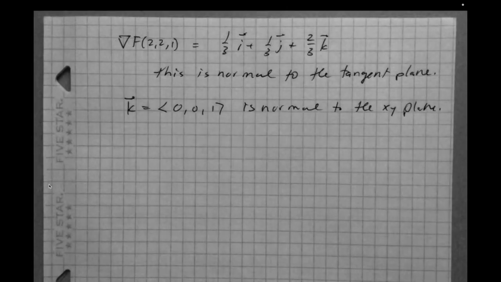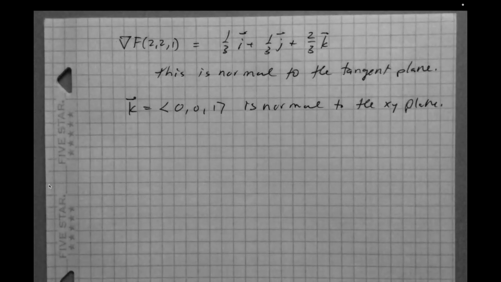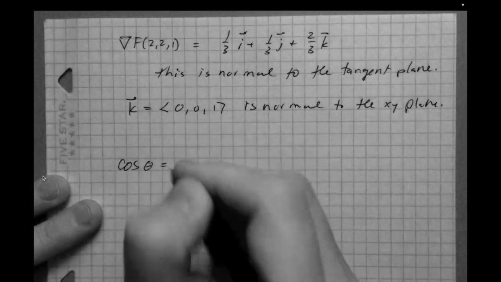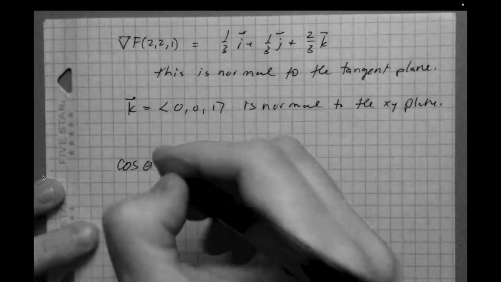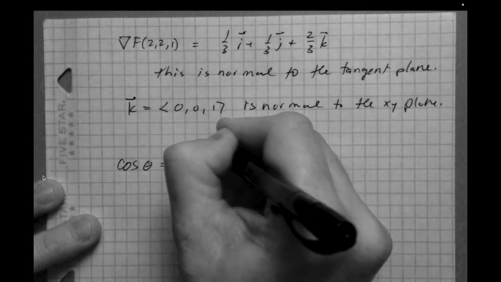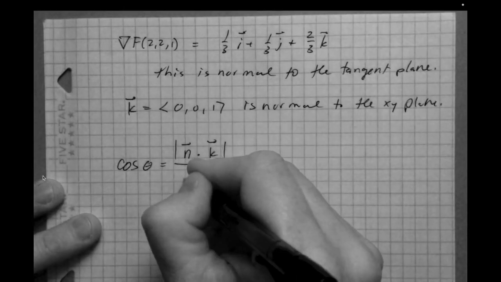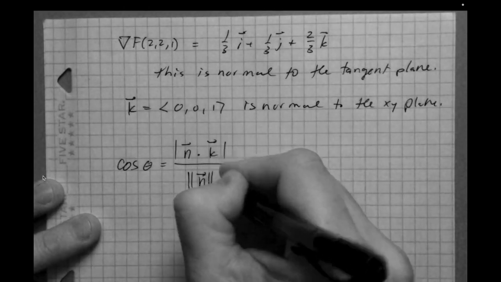Okay, and so if we want to know the angle of inclination, we can use the formula that we just talked through. There we said that cos theta will be equal to the absolute value of n dot k, divided by the norm of n.